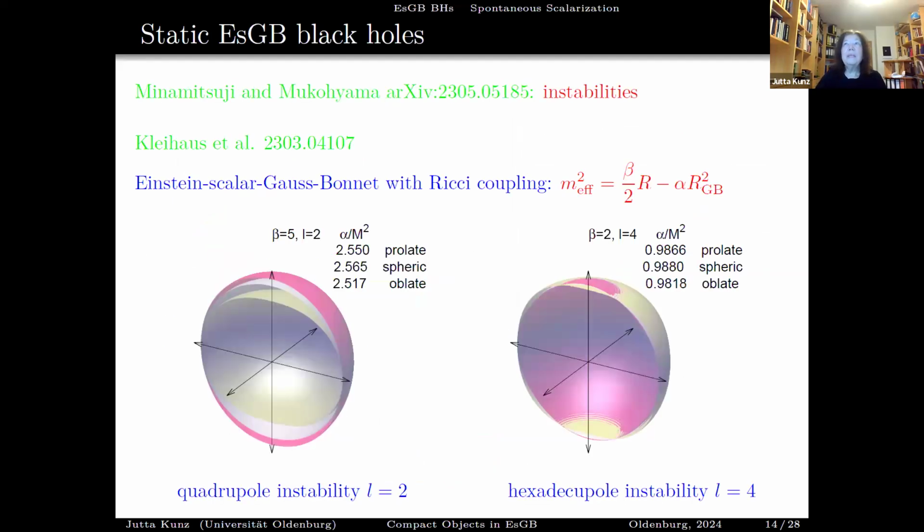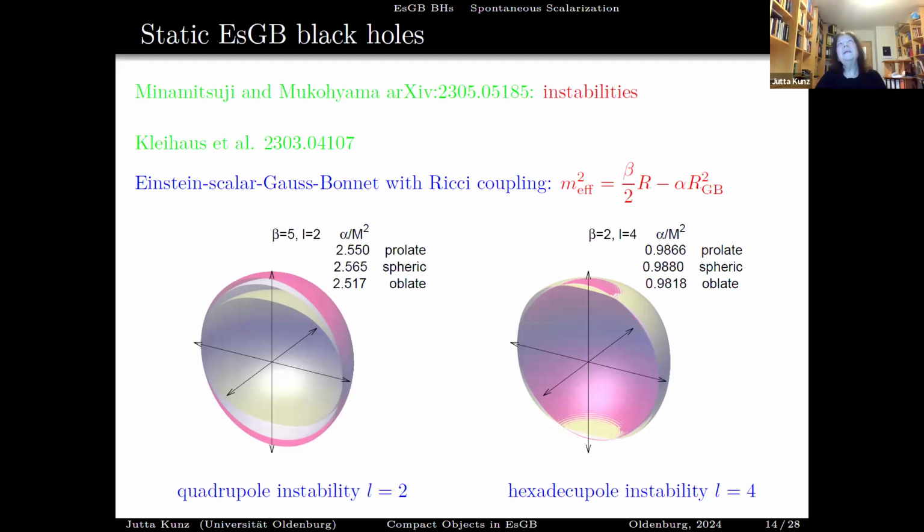Concerning stability, I would like to make a remark. Namely, there has been a paper by Minamitsuji and Tsujikawa, and they have investigated stability or instability of these static spherically symmetric black holes by going to very high L, and they found what they call a gradient instability.